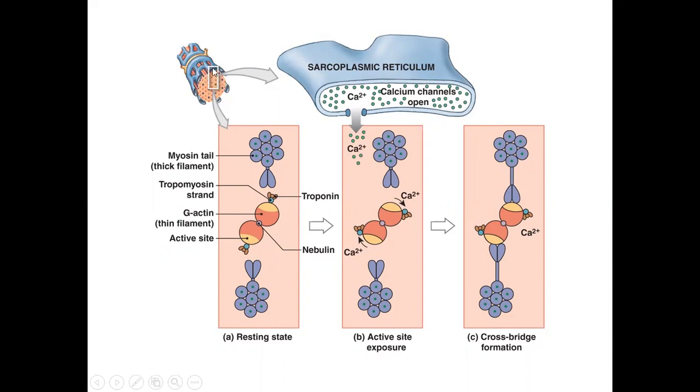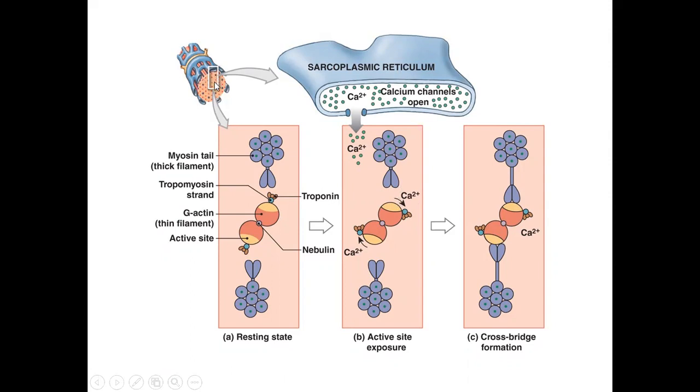If I were to cut through this section, I will cut through a section of the sarcoplasm, sarcoplasmic reticulum. And this is the tubular structure of the sarcoplasmic reticulum, having a lot of calcium inside. So whenever you stimulate, you're going to open calcium channels, and the calcium will flood all over the sarcoplasm. And they will go to the troponin.